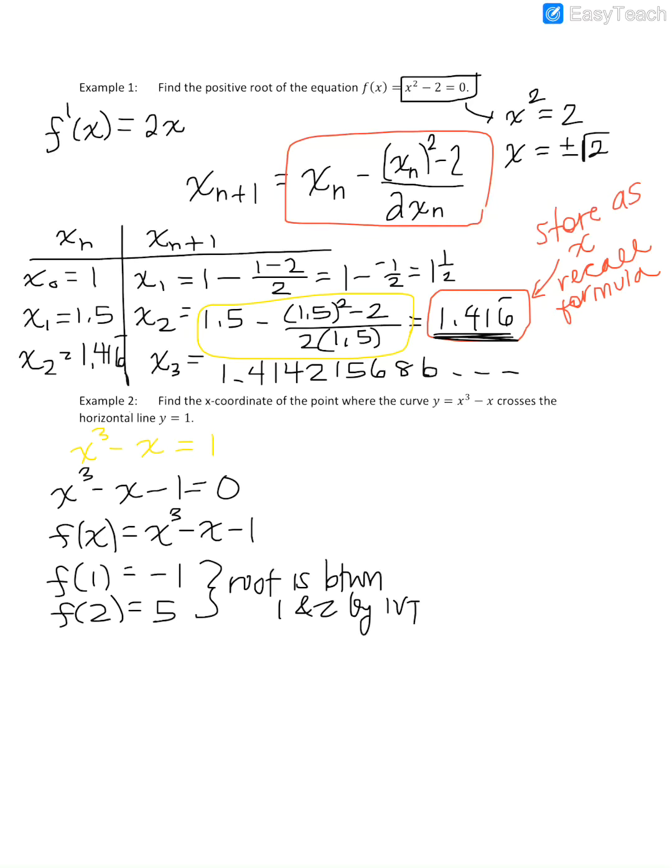All right, so we're going to use Newton's method. First thing we want to do, find our first derivative. That's going to be 3x squared minus 1. And now I want to set up my equation.